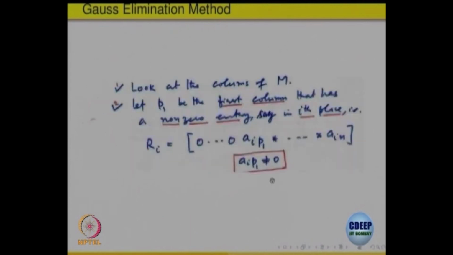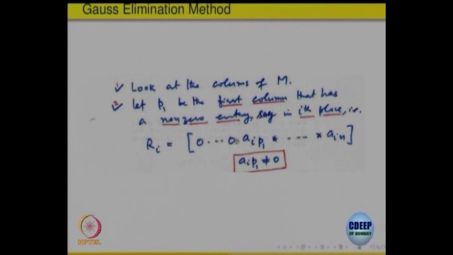What one does is look at the columns of M. You are given a matrix. Look at the first column. Possibly everything is 0 in that column, fine. So, what will the machine do? It will scan the first column, find no non-zero entry, go to the second column, find a non-zero entry. So, look at a column where it first spots a non-zero entry in some place, we do not know where.